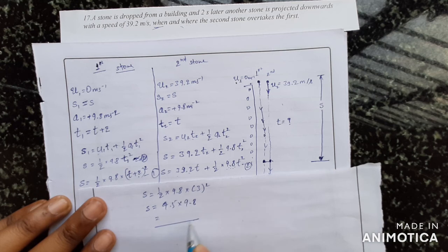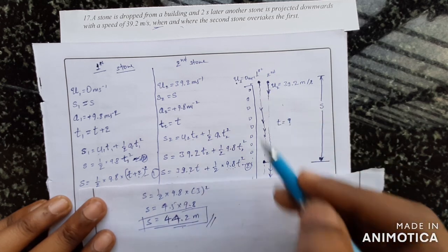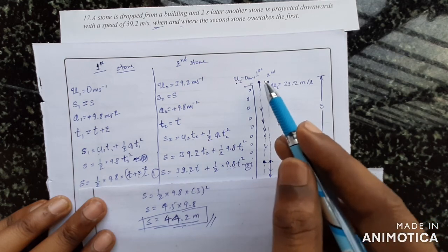Solve this and hence you will get the value 44.2 meter. So this is the displacement of both the bodies from the point where they are left from.